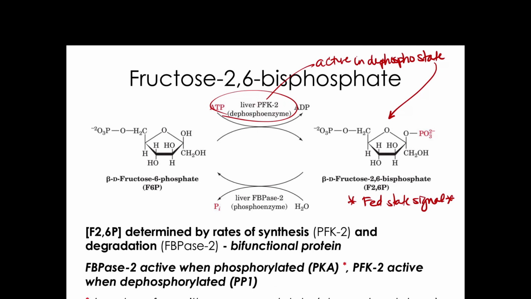When we're actually phosphorylating here, we're going to be phosphorylating the 2 position on F6P, and we're generating F26P. But that makes sense. Again, diphospho system, we're going to be activating glycolysis because that's responding to that fed state signal of high glucose.